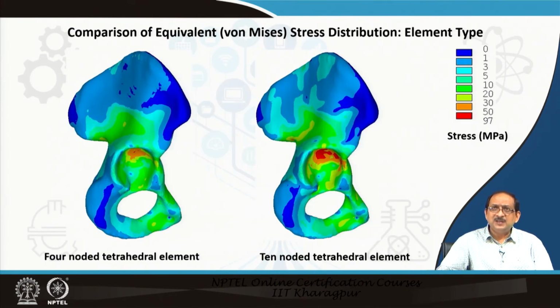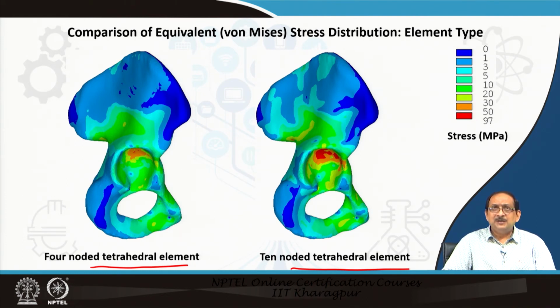We also investigated the effect of the element type. So, we compared the results corresponding to 4-noded tetrahedral elements, that is, the tetrahedral element without the mid-side node, and the 10-noded tetrahedral elements which has the mid-side nodes.